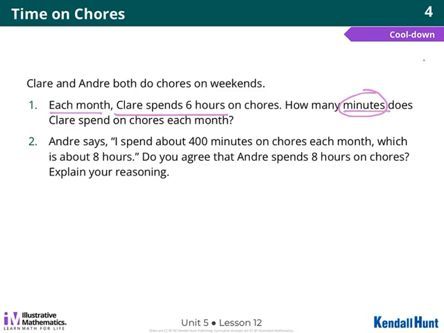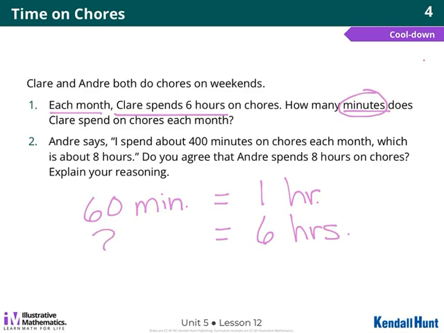So I need to first of all write down what I know about minutes and hours. I know there are 60 minutes in 1 hour. From the problem, I know Claire spends 6 hours on her chores. The question is, how many minutes is that?